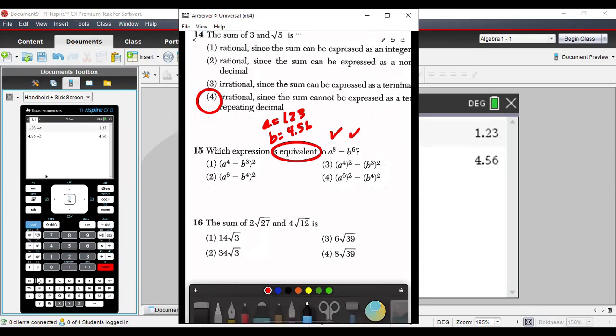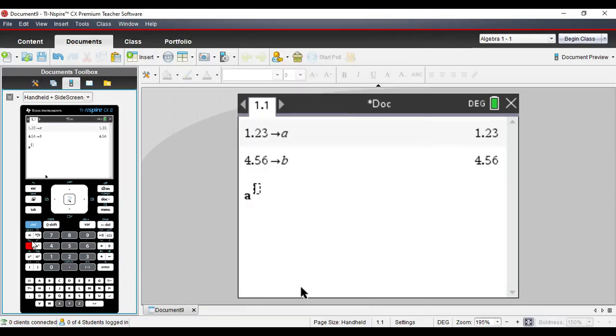So I'm going to go A to the eighth power, and then minus B to the sixth power. Now let me go back and fix that. I put in a divide. I didn't want a divide. I want a minus. Press enter.